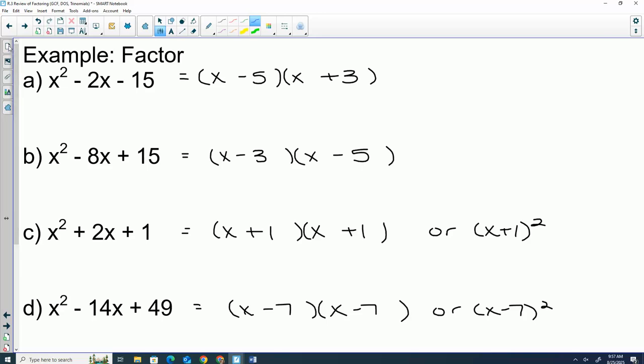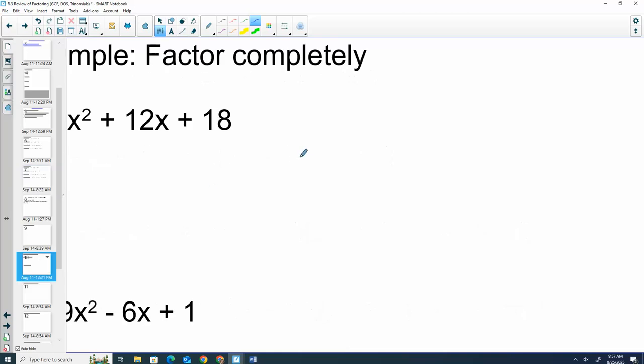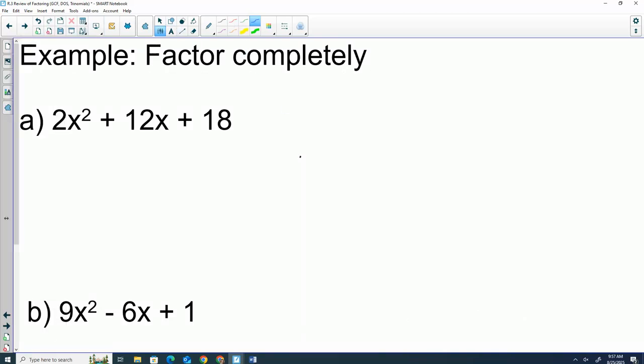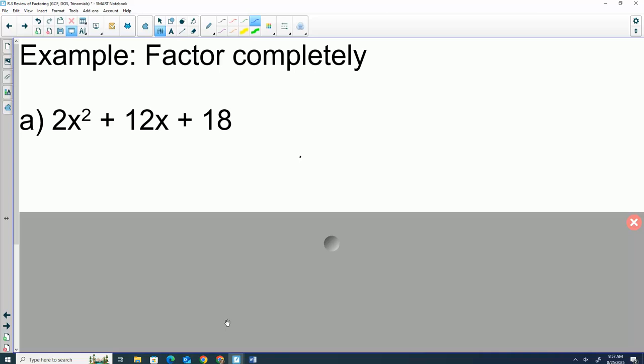Let's look at some where the coefficient isn't 1. Okay, what would you do first on this?